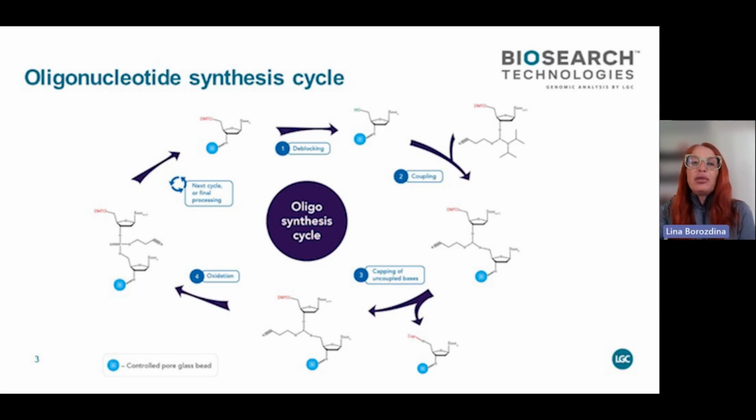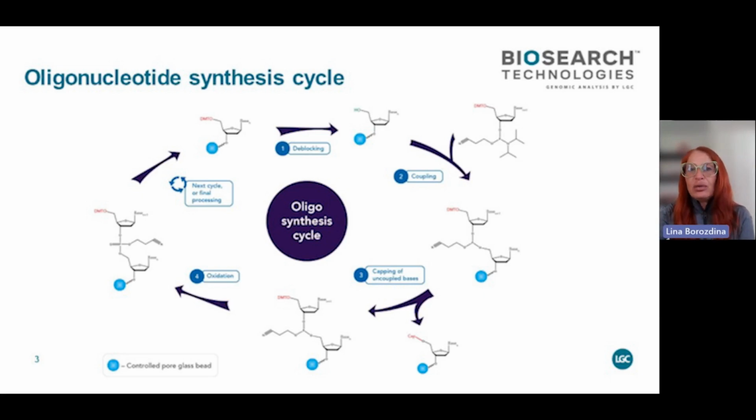So the first step, what we would need to do is to activate the 5' OH group by removing this protecting group. It's called DMT. To do that, we add acid. It's called a D-block reagent. There are different concentrations, different combinations of this chemical.